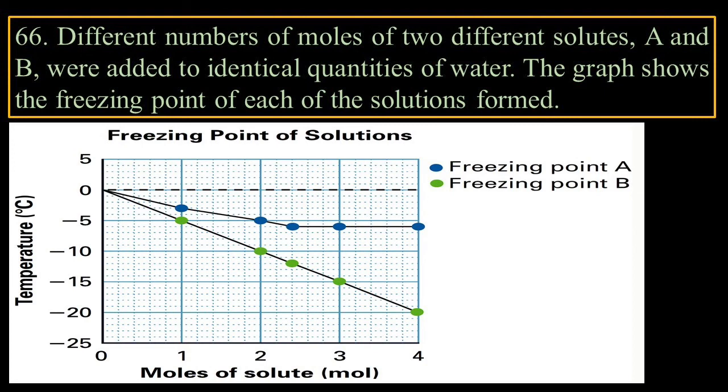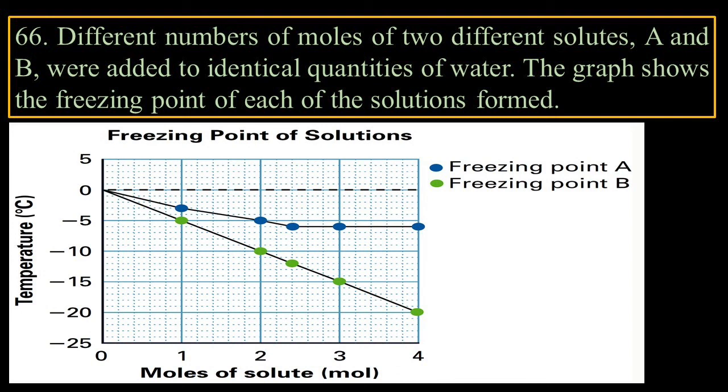negative 1.488 for aluminum nitrate. Different numbers of moles of 2 different solutes, A and B, were added to identical quantities of water. The graph shows the freezing point of each of the solutions formed. So you have the green and the blue. Blue is A and B is green.